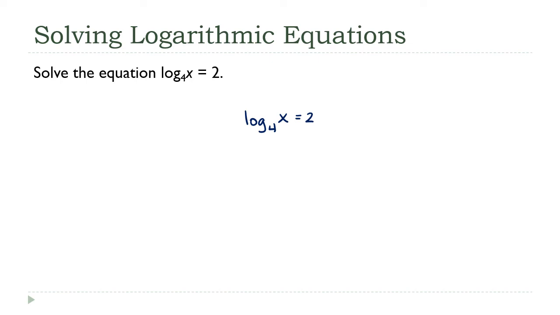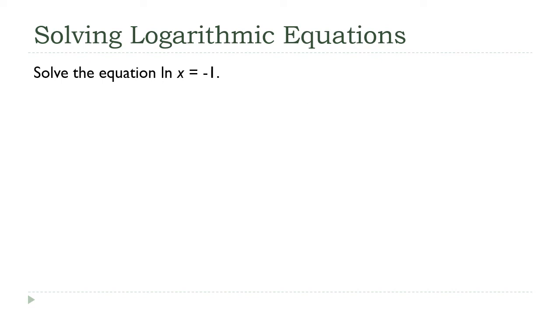So the base of the logarithm is 4, so the base of the exponential version will also be 4. And then the other parts, the 2 and the x, change sides. So the 2 goes over here and becomes an exponent. The x goes over on the other side. And that's my answer. x equals 16. Right? Just applying the definition.